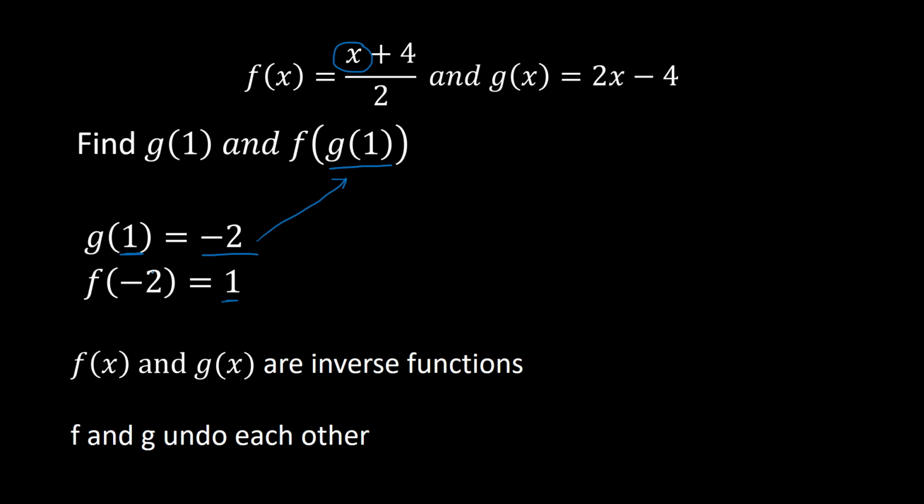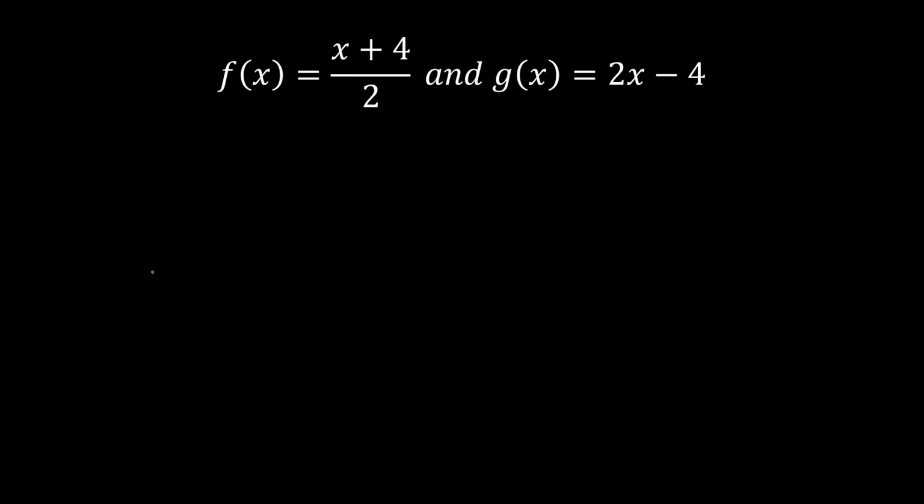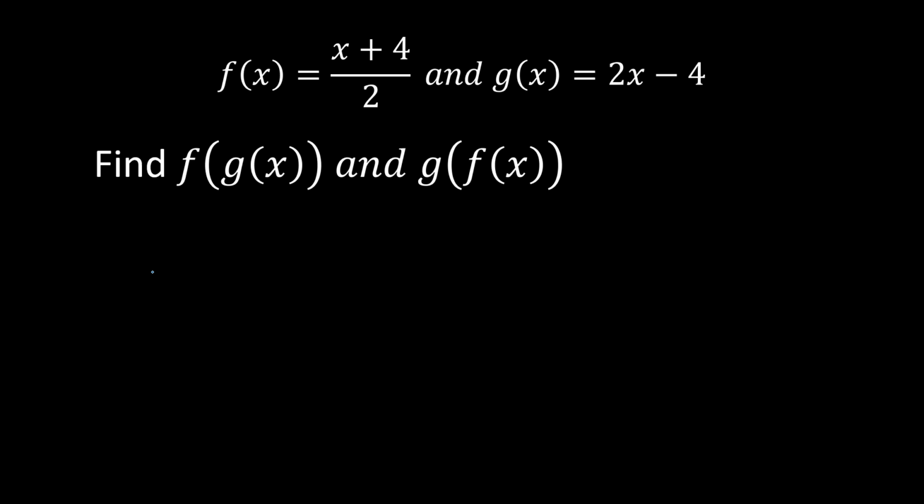So we want a way to show that two functions are indeed inverse functions. To do that, looking at the same two functions, we use the composition of functions to determine if two functions are inverses. So here, for example, we need to find f of g of x and g of f of x.